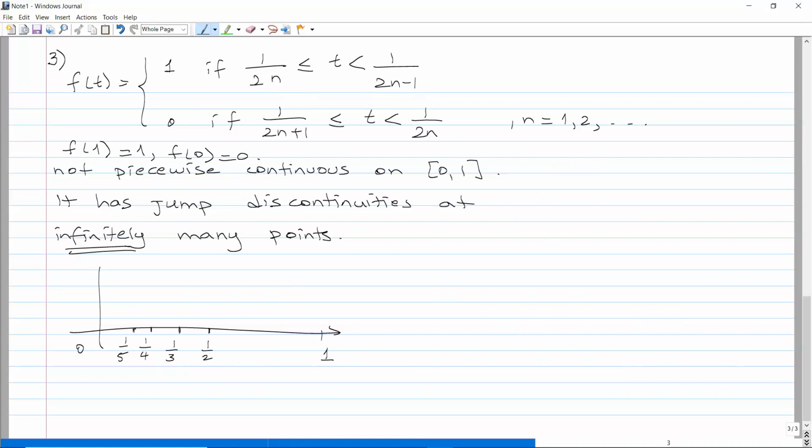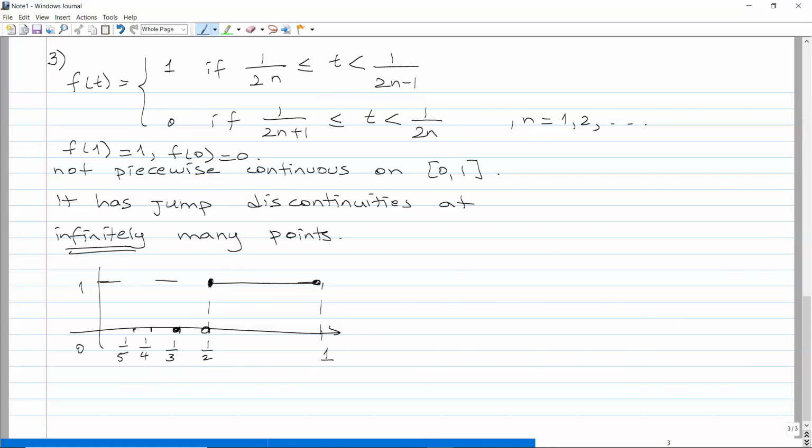So in the interval closed at 1/2 to 1, it is open when you look at here, but f of 1, we define it to be 1. So it is 1 here. From 1/3 to 1/2, open at 1/2, the function is 0.